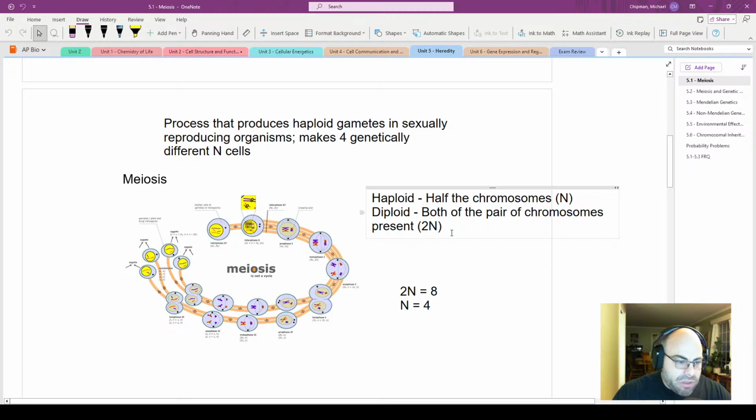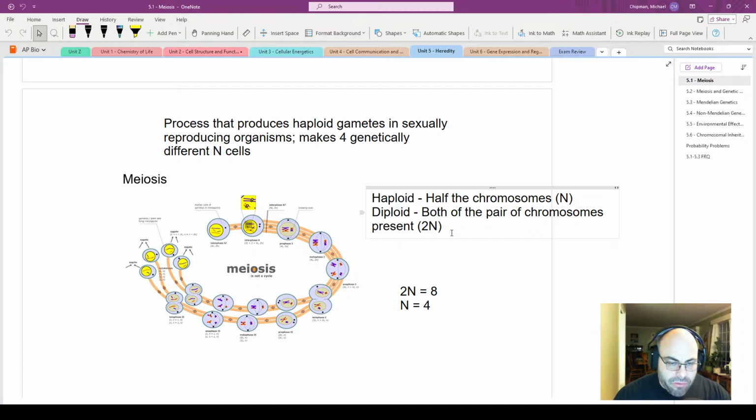So the way I've described it is, it's like shoes. You have a pair of shoes. There's a left and a right. They're not identical to one another, right? They're homologous to one another, meaning that they have all the same parts. They're just not identical. A human genome has 23 homologous pairs.